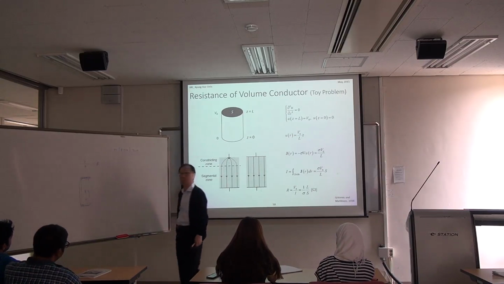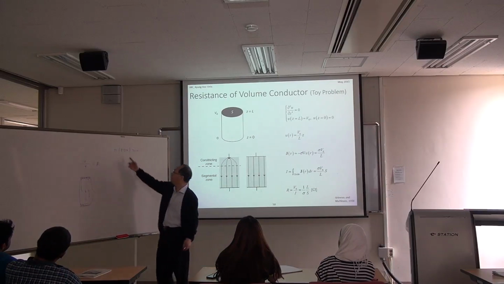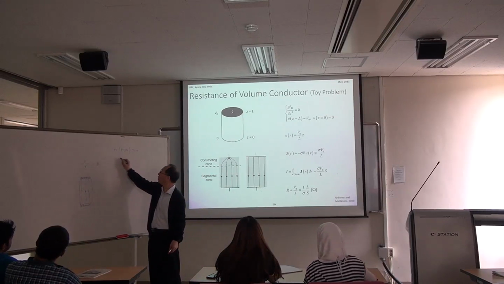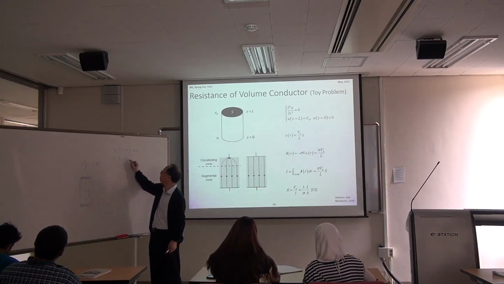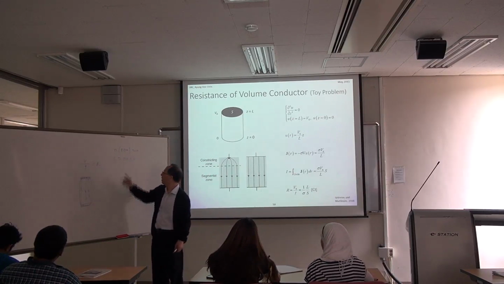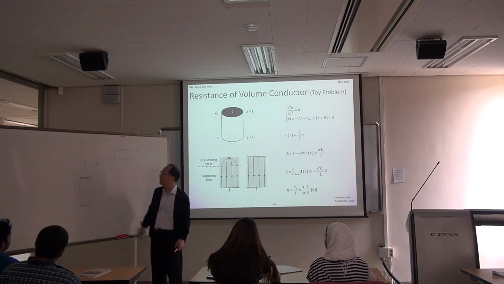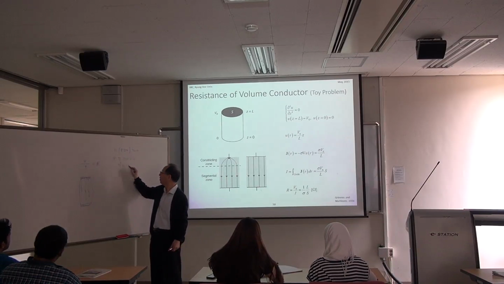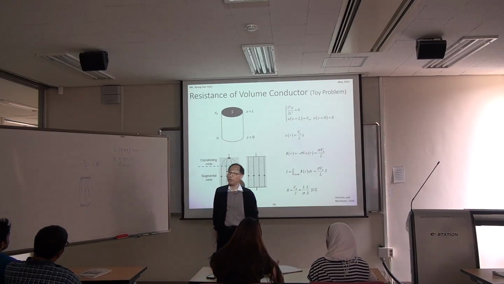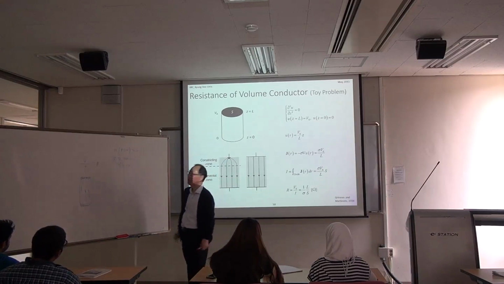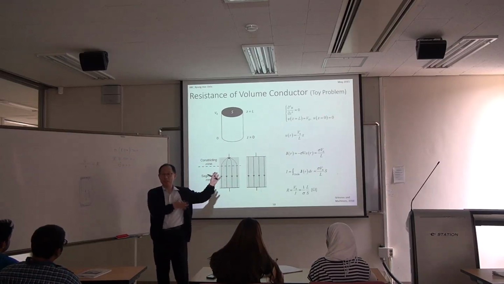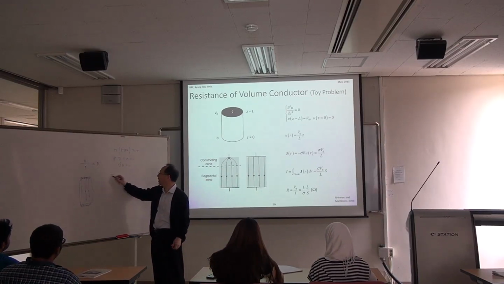So I need to solve this equation, right? Sigma is constant, so I can move this thing to the front and divide it. Divergence of gradient is the Laplacian. So I just need to solve this Laplace equation with the boundary condition. What is the Laplace equation? I'm using U.